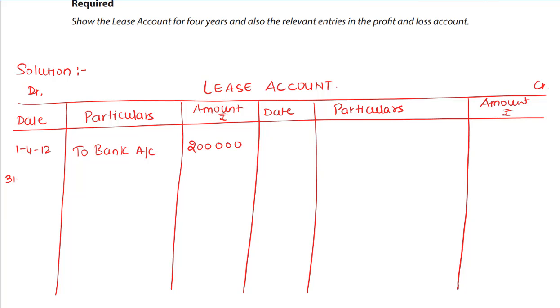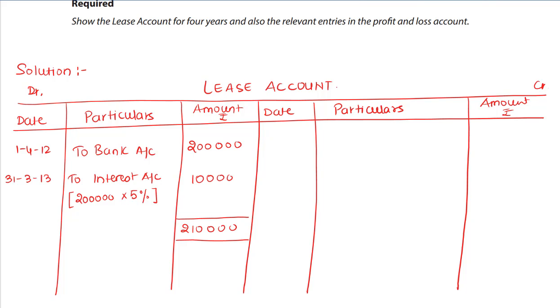So at the year end, 31st March 2013, to interest account 2 lakhs multiplied by 5%, which is 10,000. So 2 lakh 10,000. The total is 2 lakh 10,000.